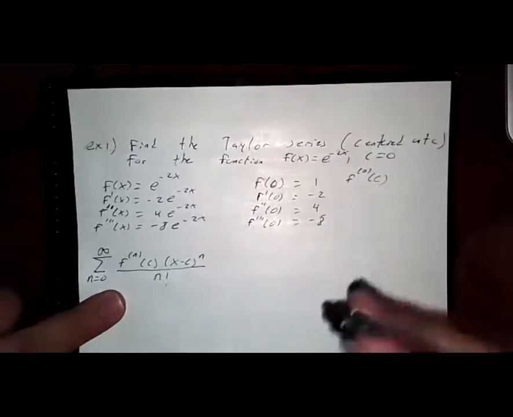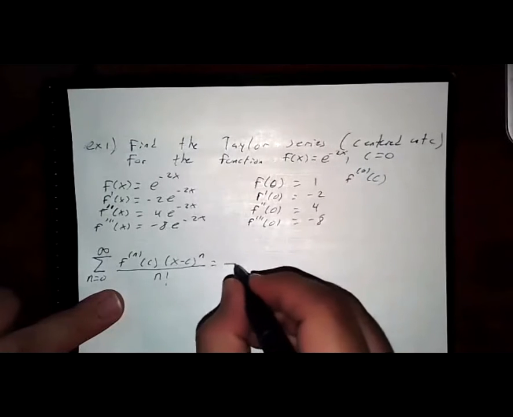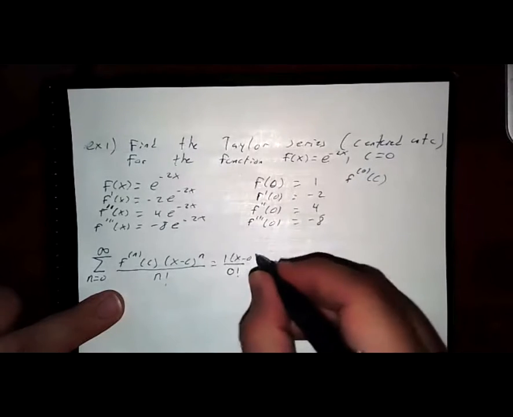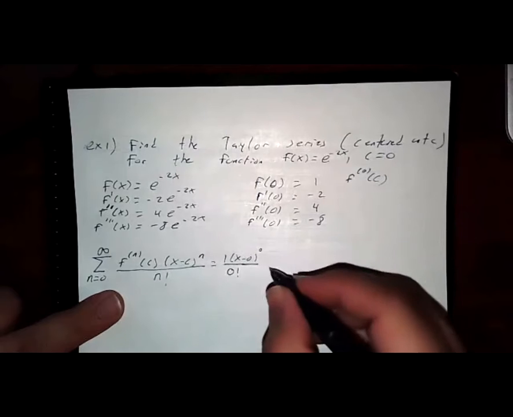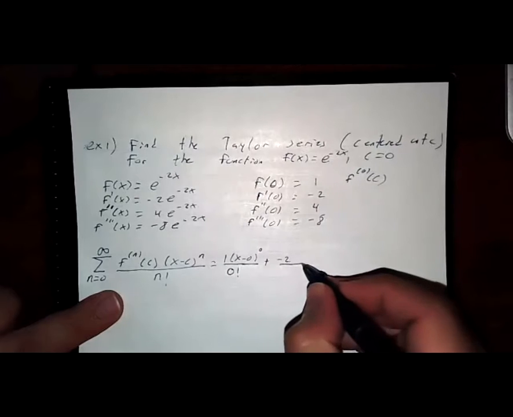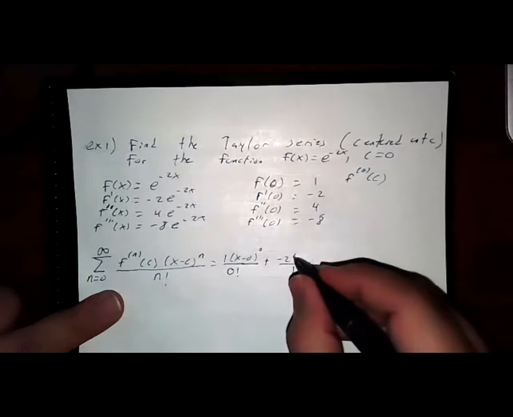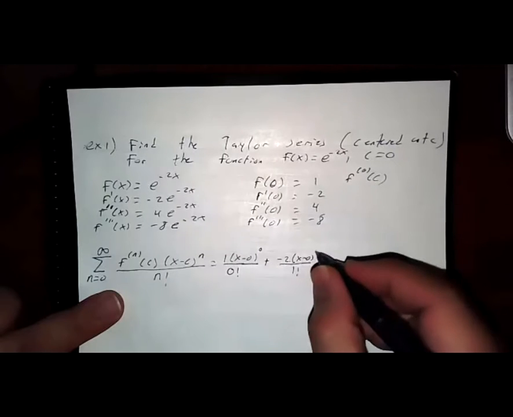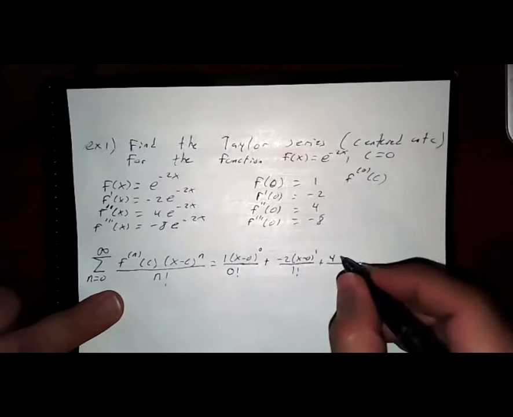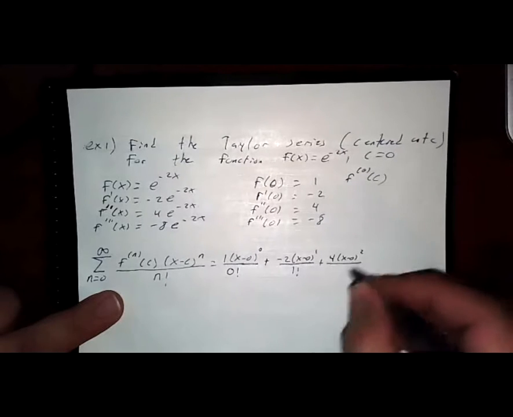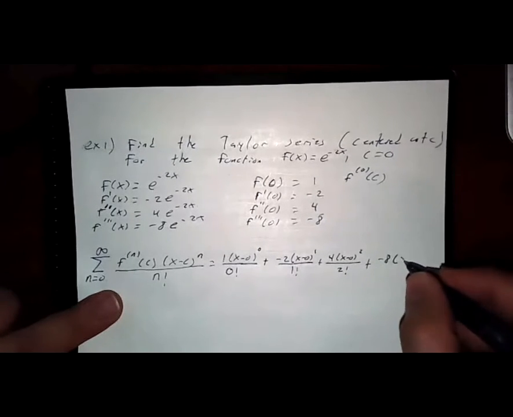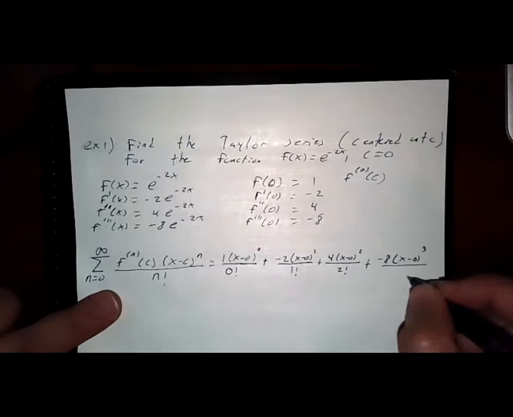So the 0th term is 1 over 0 factorial times x minus 0 to the 0. Plus negative 2 times x minus 0 to the first over 1 factorial, plus 4 times x minus 0 squared over 2 factorial as the second term, negative 8 for the third, and then that keeps going forever.